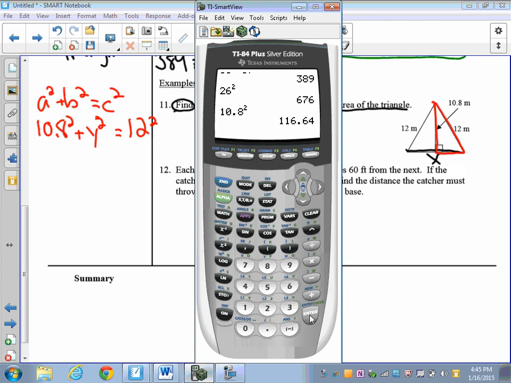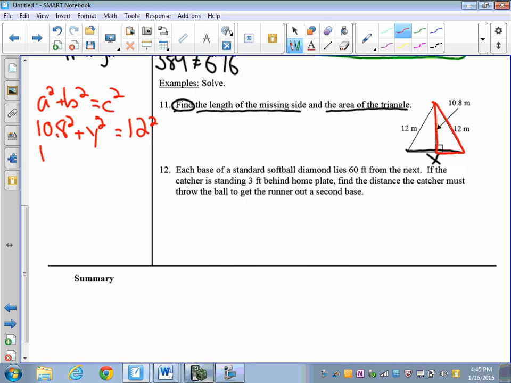10.8 squared is that much, and 12 squared. So we have 116.64 plus y squared is equal to 144. Subtract 116.64.